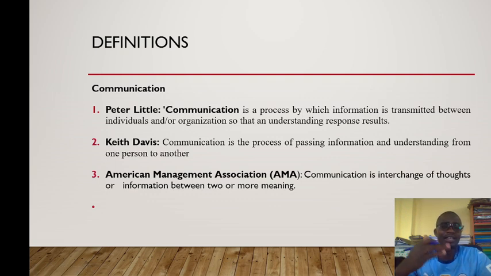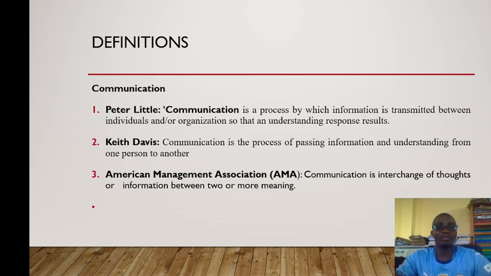So as you can see, what is repeating itself is that there must be information, and this information is passed to someone else so that they can understand. Now, according to the American Management Association, communication is the interchange of thoughts or information between two or more.